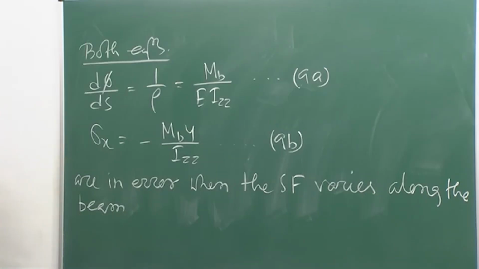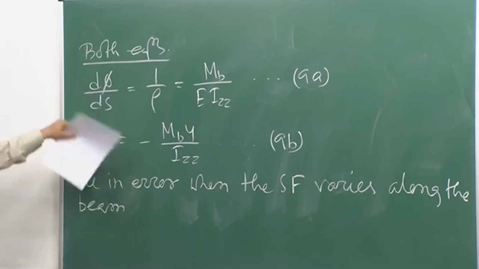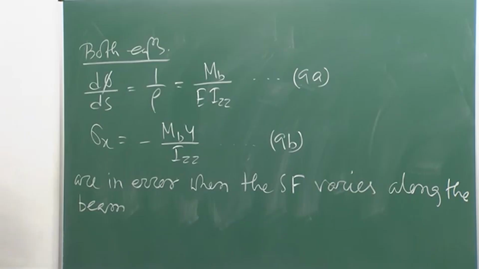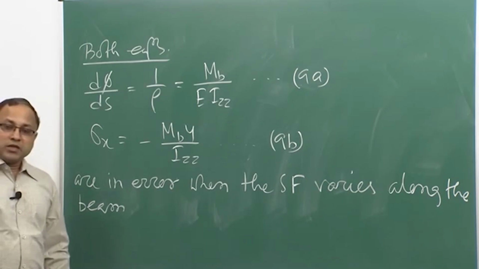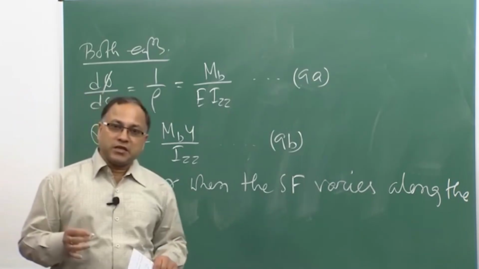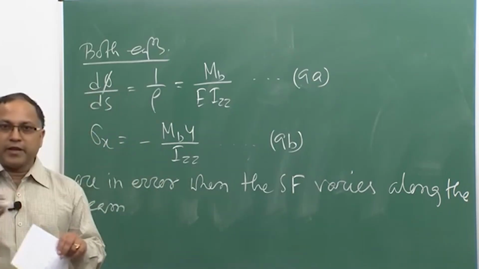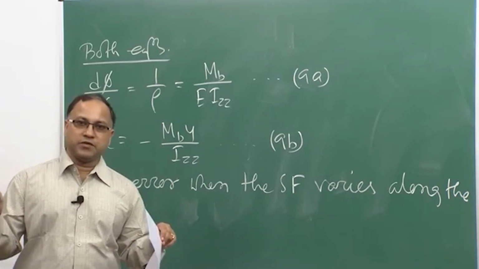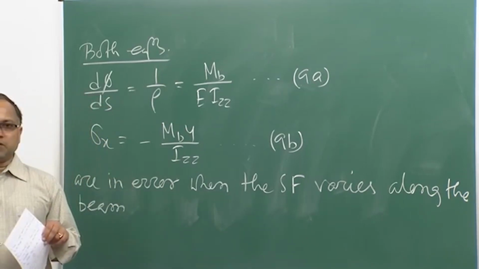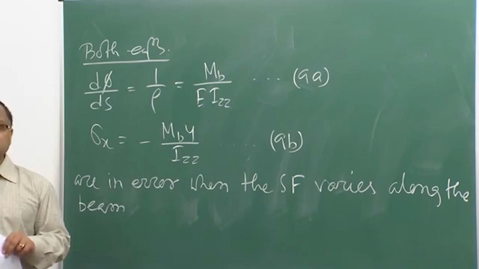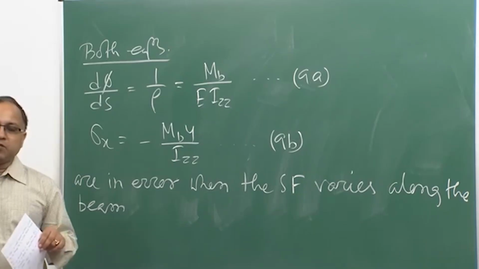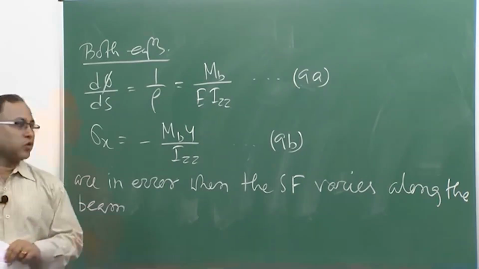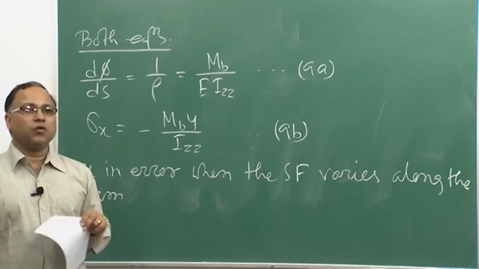Now, when we derived these equations we considered a pure bending situation, that means shear force was not there. Then we assumed that even if you have the shear force, if the shear force is constant with respect to x but your bending moment is varying with x, in that situation also these equations hold good.